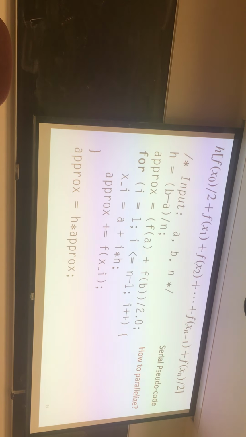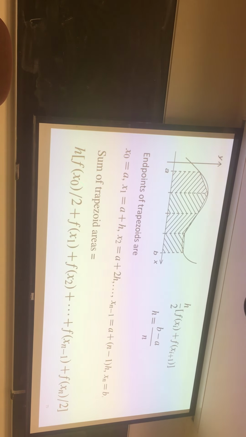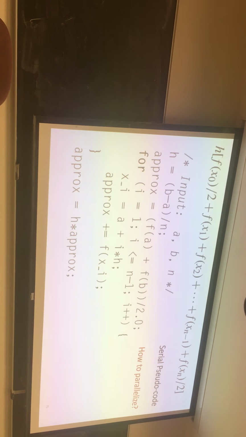So now think about how you implement that numerically. First we have the two endpoints and the number of trapezoids. You can calculate the width of the trapezoid. Then you can first calculate the two endpoints, f(a) and f(b) divided by 2. So those are the two terms in here. But then you can just use a for loop to calculate the terms inside from 1 to n minus 1. First you calculate xi, that's a plus i times h.